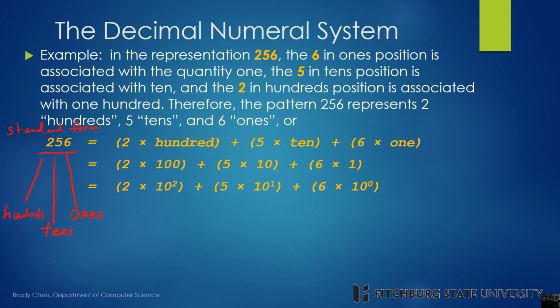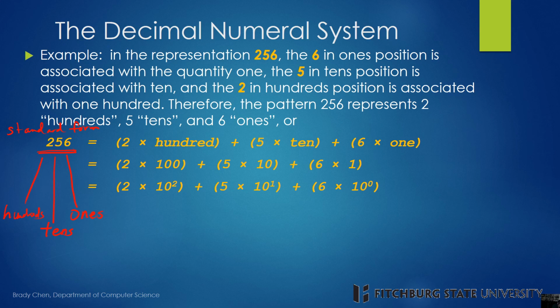Now we can also write the decimal number in expanded form, in which we can write any decimal number in terms of the sum of the numbers in different positions.